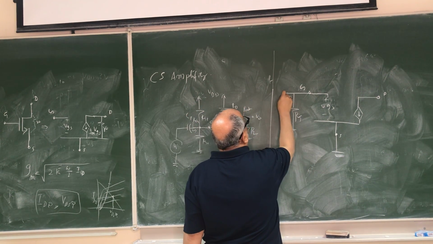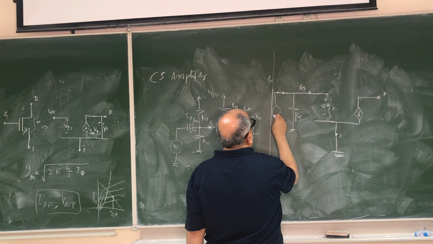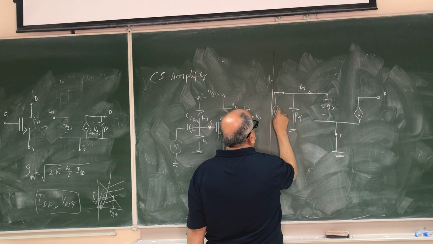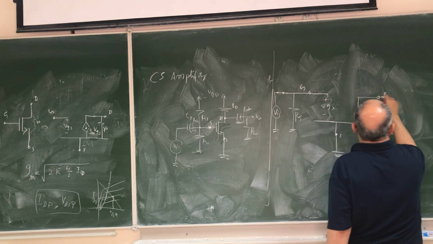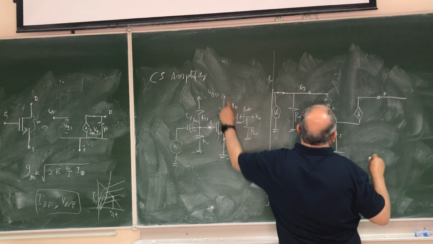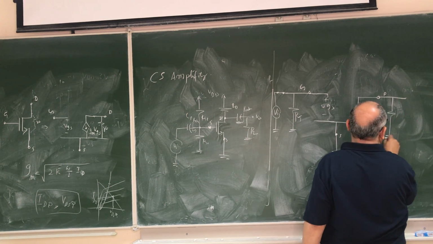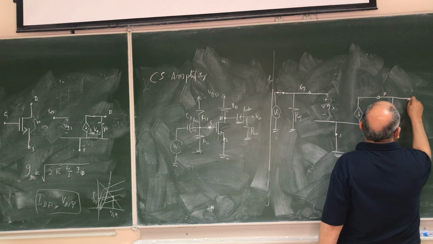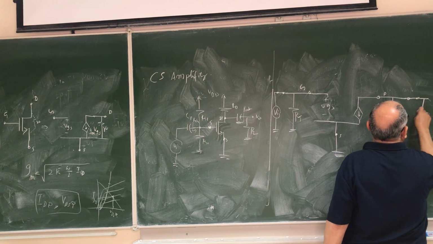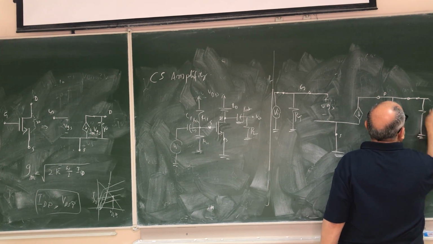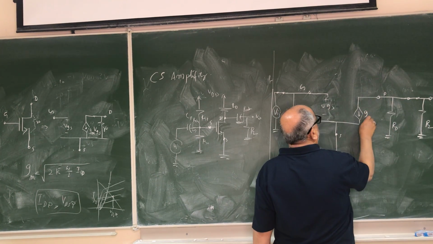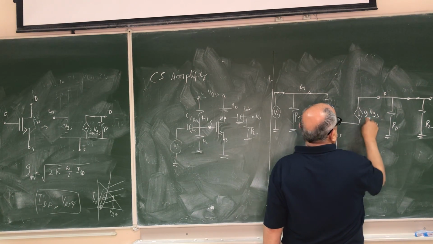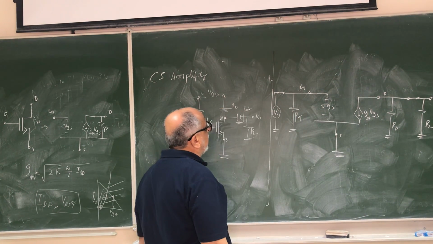Okay, and then the capacitor is shorted out, and we have our input, which is VI here, and from the drain we have a resistor RD and the load RL, and that is V out here. This one is GM VGS, and as I said, GM is already known to us.